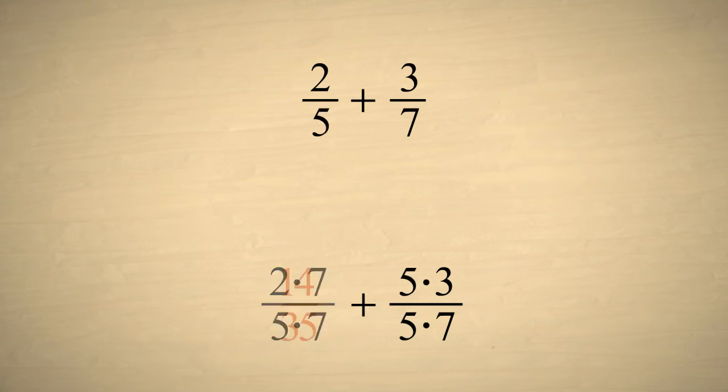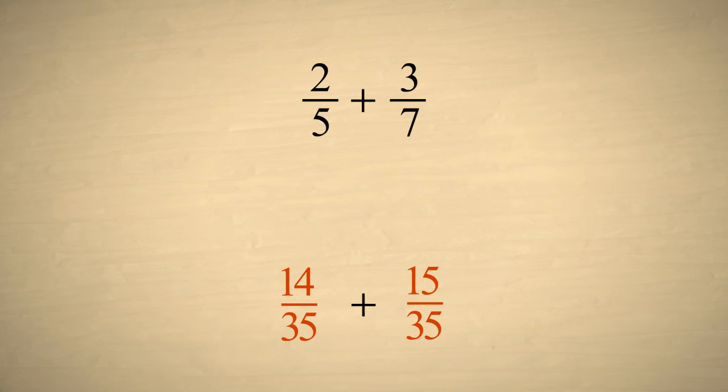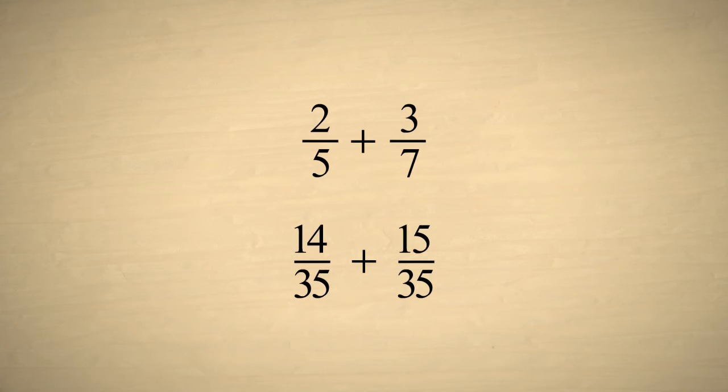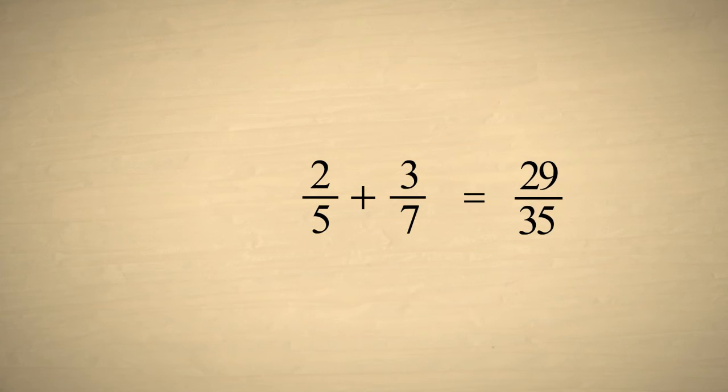This gives us 14/35 plus 15/35. And 14/35 plus 15/35 is 29/35. So 2/5 plus 3/7 is 29/35.